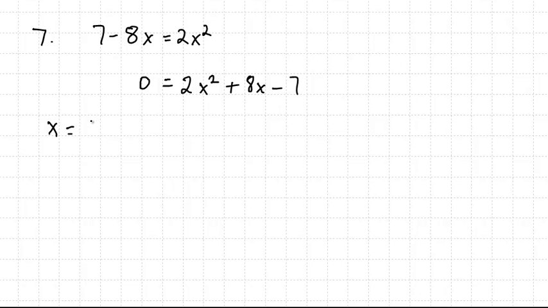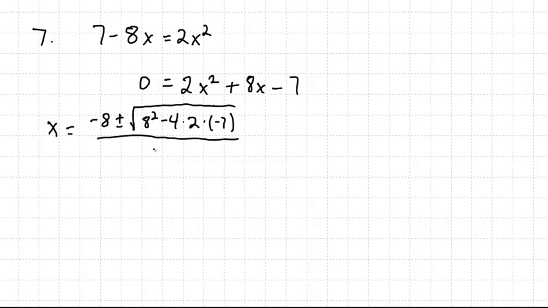X equals negative 8 plus or minus the square root of 8 squared minus 4 times 2 times negative 7 all over 2 times 2. So x is negative 8 plus or minus the square root of 64.